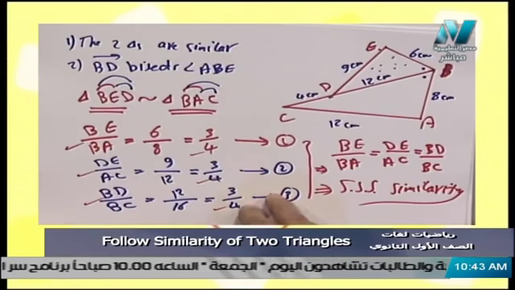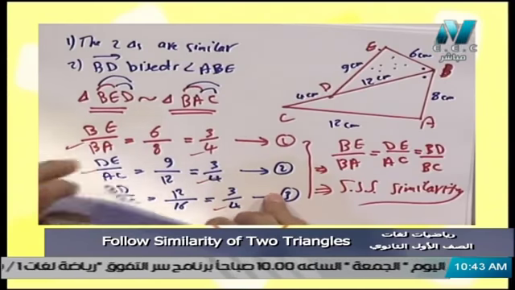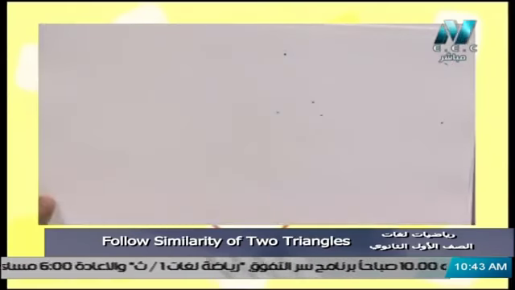Okay, my dear students, let's move to another case, which is SAS similarity. We have studied two cases up till now. The first case is AA similarity, angle-angle similarity, which means that two angles in the first triangle equal two angles in the second triangle, so the two triangles are similar.